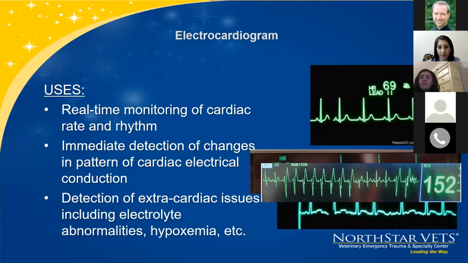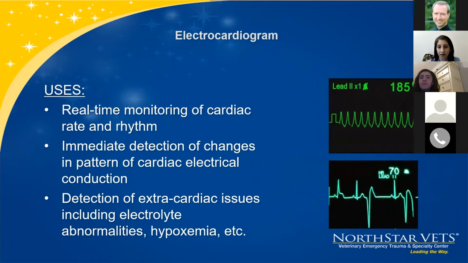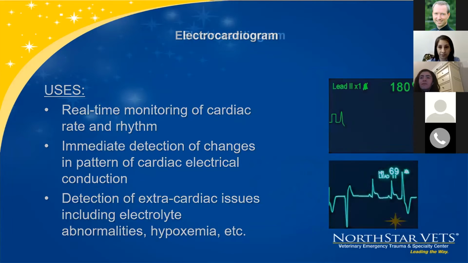So electrolyte abnormalities, hypoxemia, things like that can occur due to the patient's issues. And some of those issues can result in pretty fatal outcomes. And so we want to be able to note those types of things immediately.